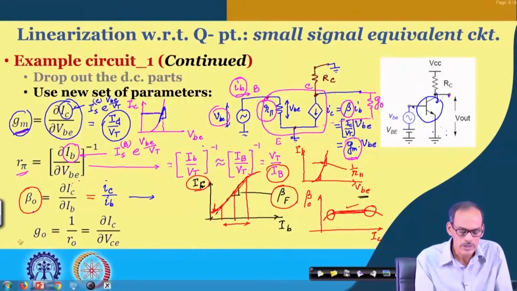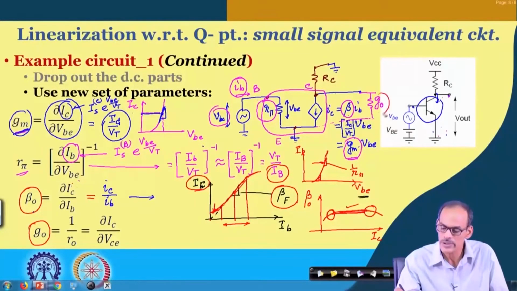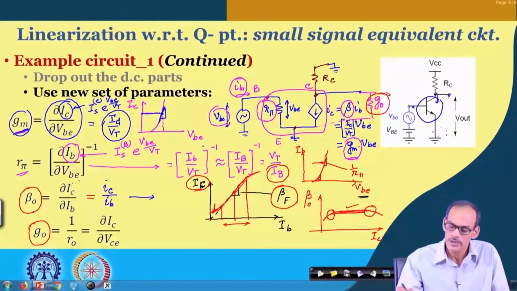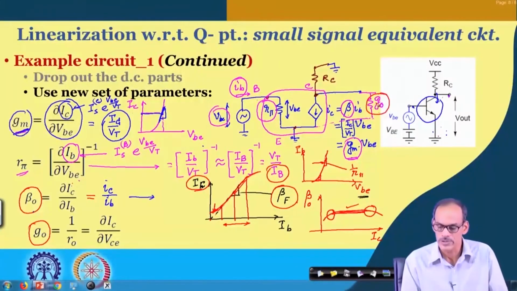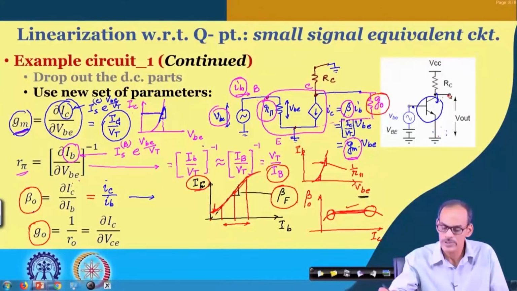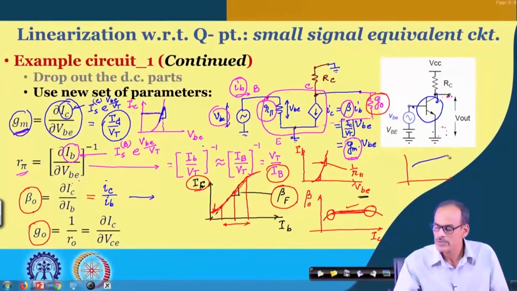On the other hand, consider the other parameter, particularly the conductance part. As I said, the source of this conductance is basically the early voltage. If you consider this circuit and vary the collector voltage, namely VCE, due to the early voltage effect, Ic has some dependency on VCE.